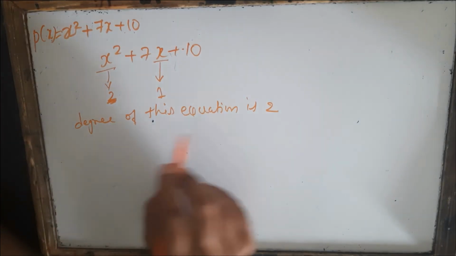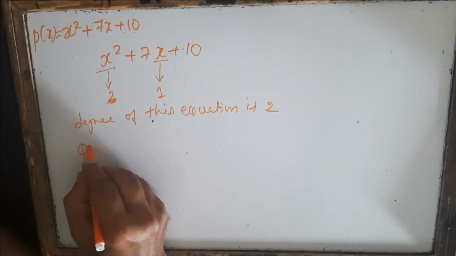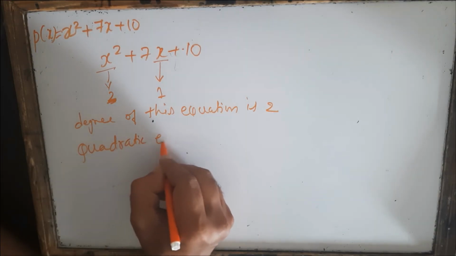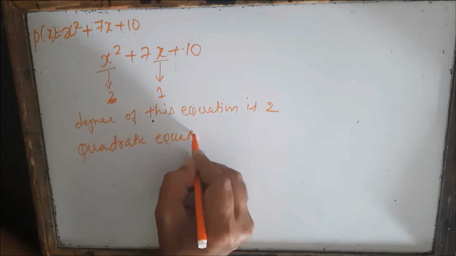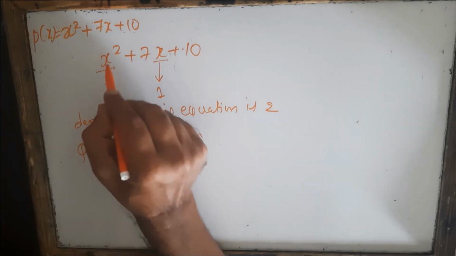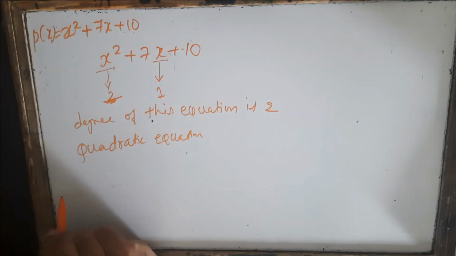When the degree is 2, we call it a quadratic equation. So we call it a quadratic equation when the degree of this equation is 2.